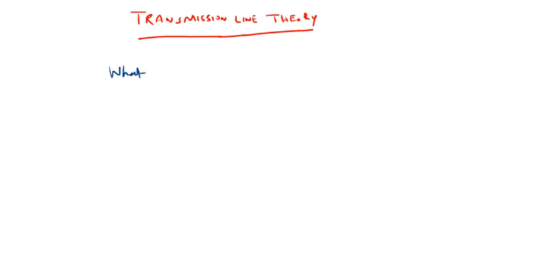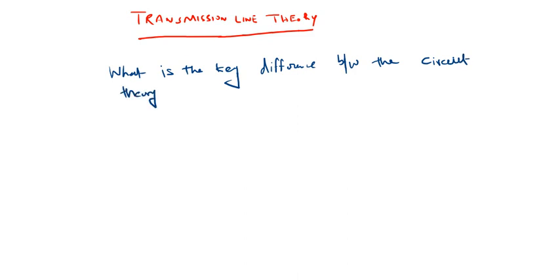So what is the key difference between the circuit theory and transmission line theory?